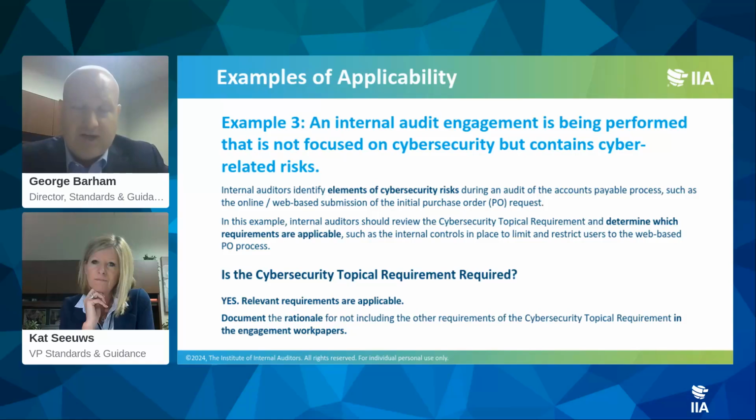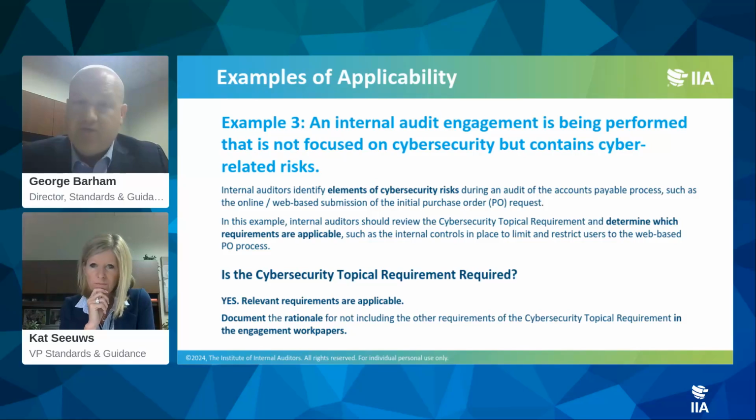And I think Kat's going to talk about the quality assessment piece as well. And so we get there's going to be some judgment involved, but I think the key thing that you'll hear us repeat over and over is risk. And so the first two examples, that was creating your internal audit plan, which is going to be risk-based. This is an example of an engagement level risk, right?